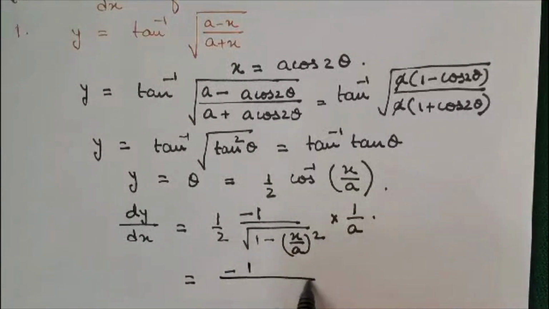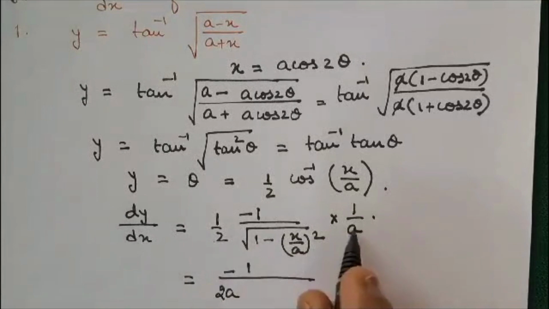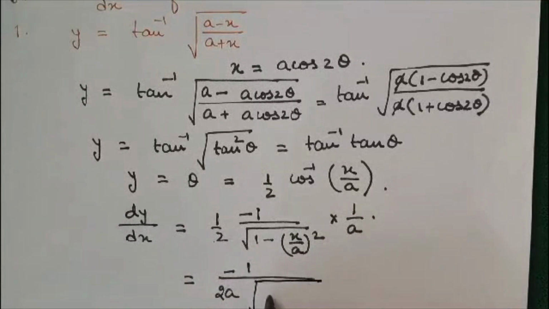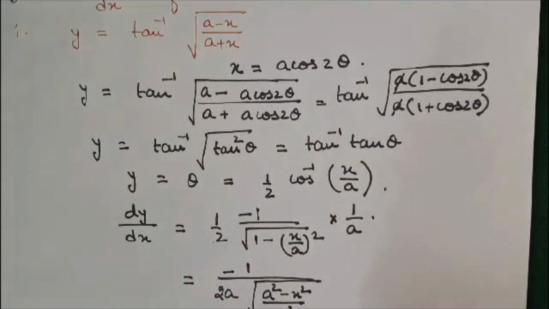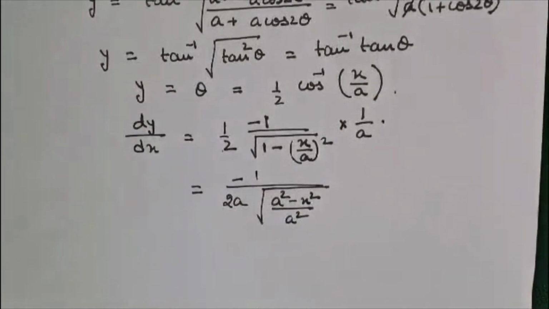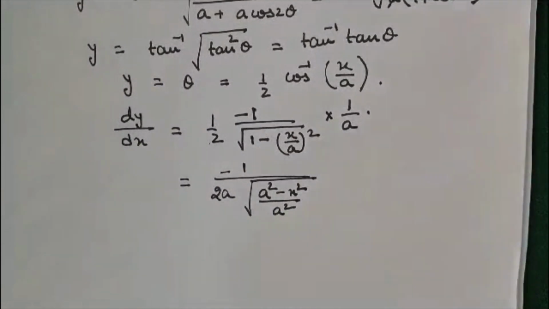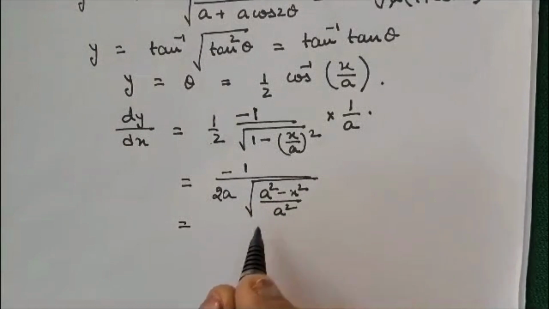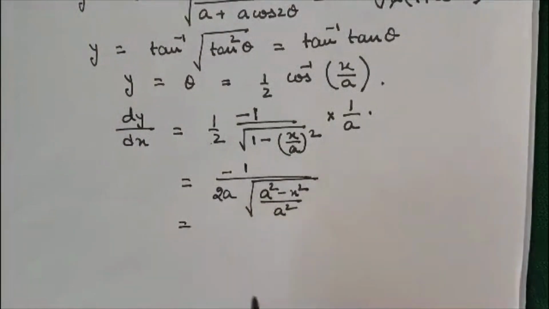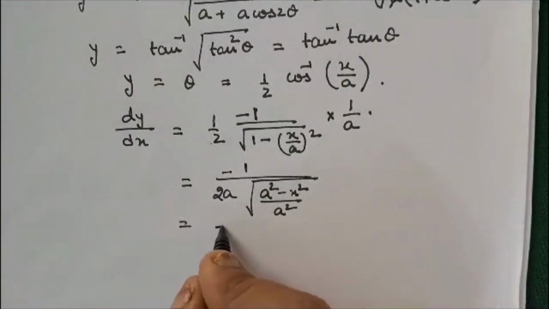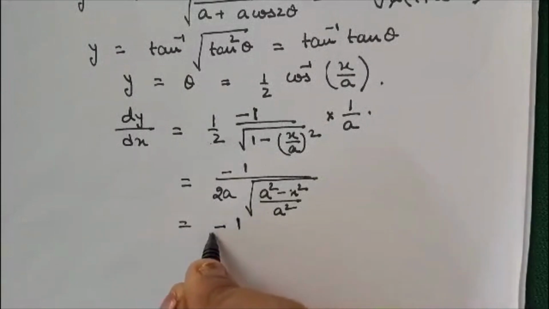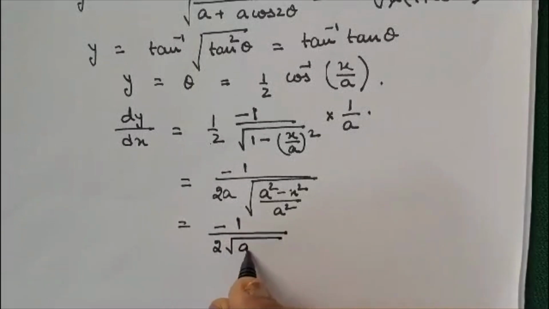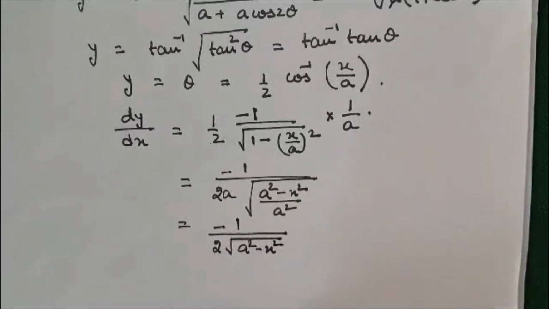So minus 1 by 2a, 2 into a into root over of a square minus x square by a square. So if I take out this a square out of the root, it becomes a, and it gets cancelled with this a. So my final answer comes as minus 1 by 2 into root over of a square minus x square.